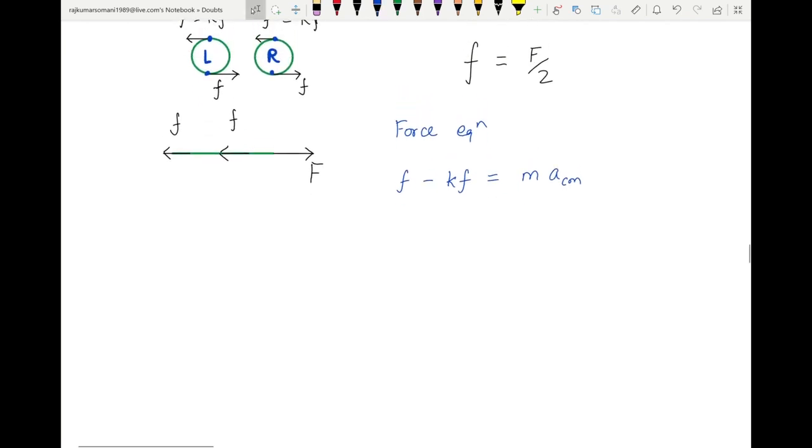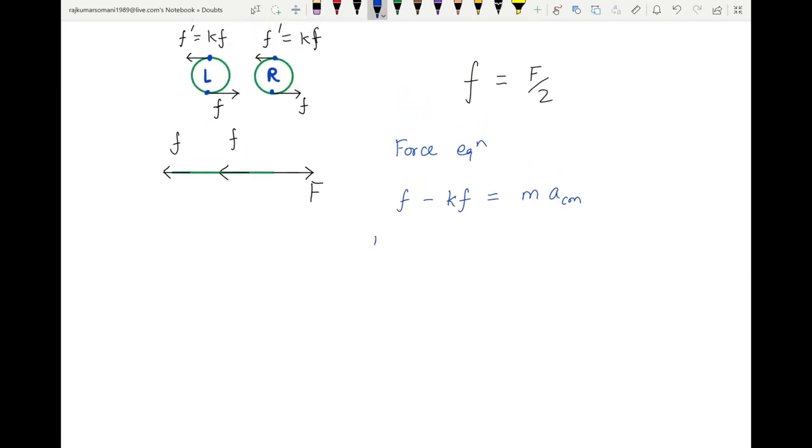Similarly, let's write an equation of moment: moment of friction force f plus moment of friction force kf equals the moment of inertia times alpha, where alpha is the angular acceleration of this cylinder.